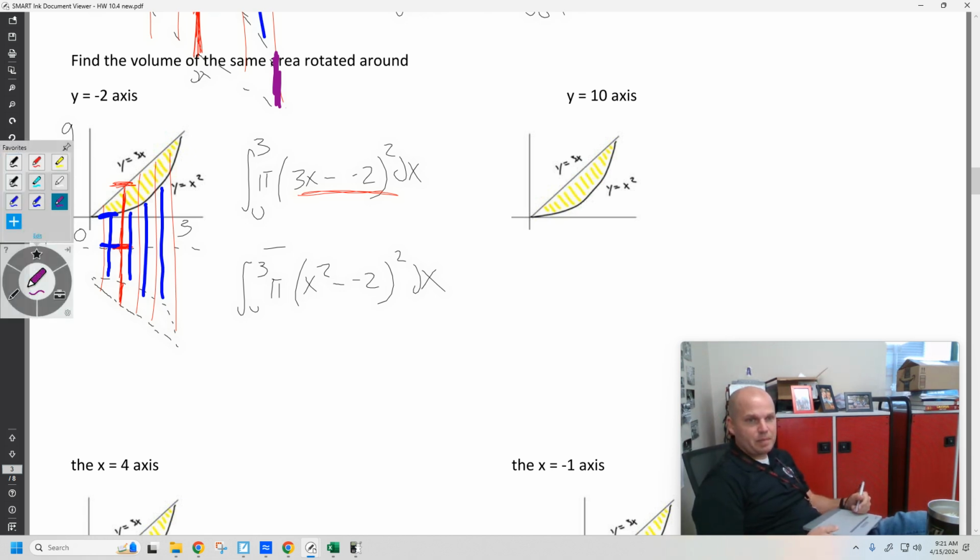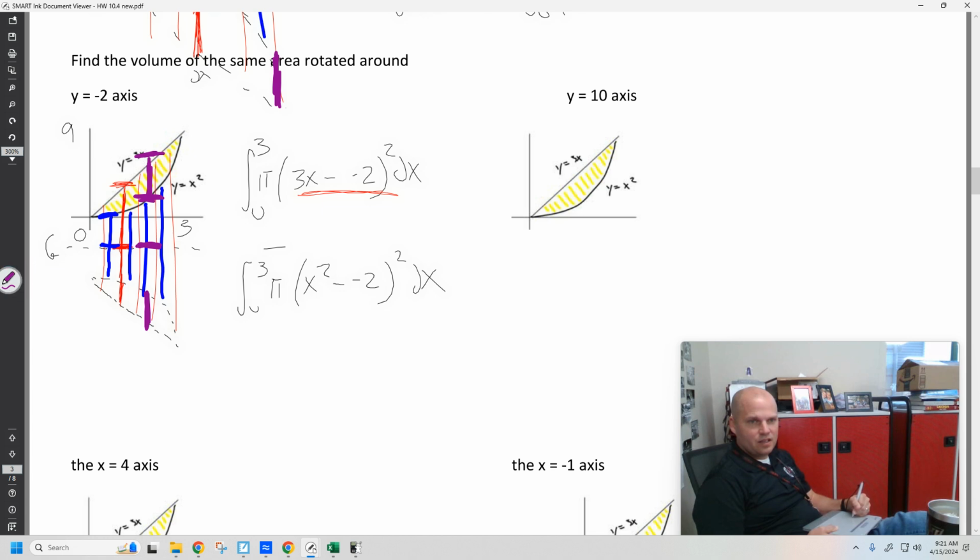If you want to think about the washer, which is this rectangle getting spun, well, what's important is you've got to realize that the radius is going to the top and the middle and the bottom and the middle.